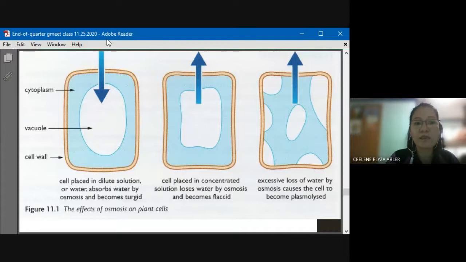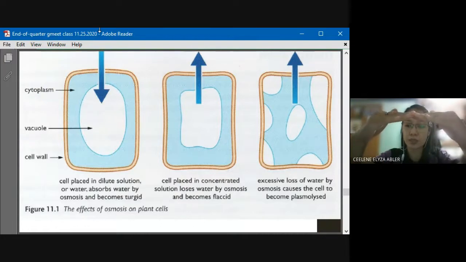So the movement of water will be from the hypotonic solution, because there is more water in a hypotonic solution than in a hypertonic solution. Remember, class, in a hypertonic solution you have a high concentration of solutes. A hypotonic solution has more concentration of water compared to solutes.